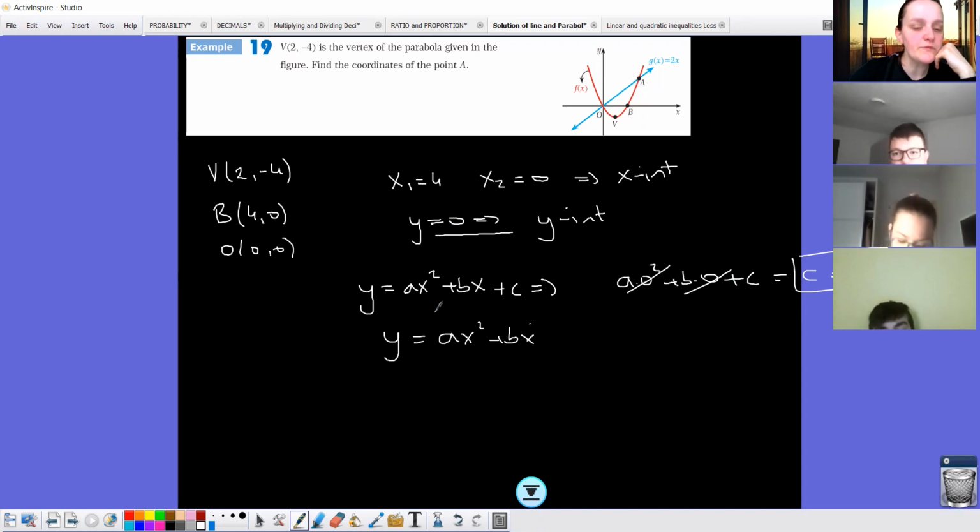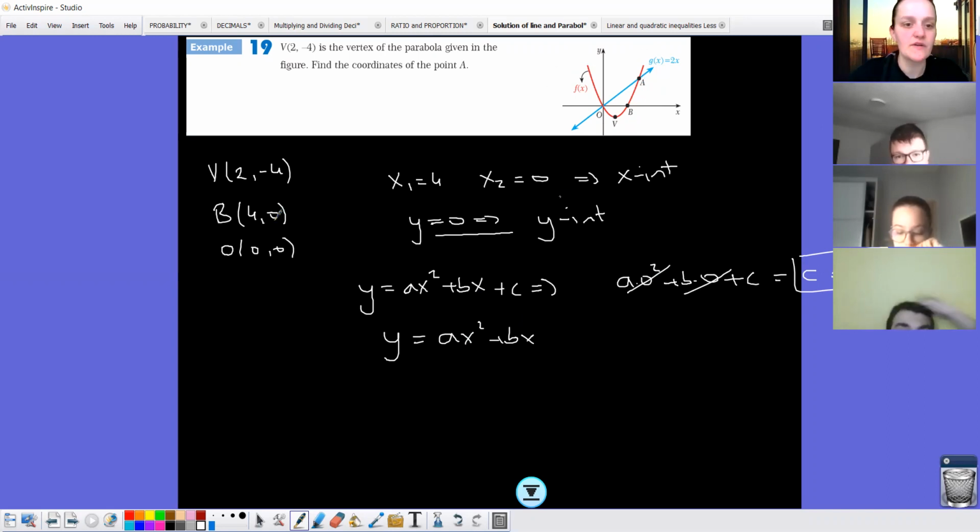Our function is in this form, ax squared plus bx. Now I need to find a and b. When you have a graph given and some points on the graph, like here we have A, B, and the vertex on the graph, it means that these points satisfy the function.